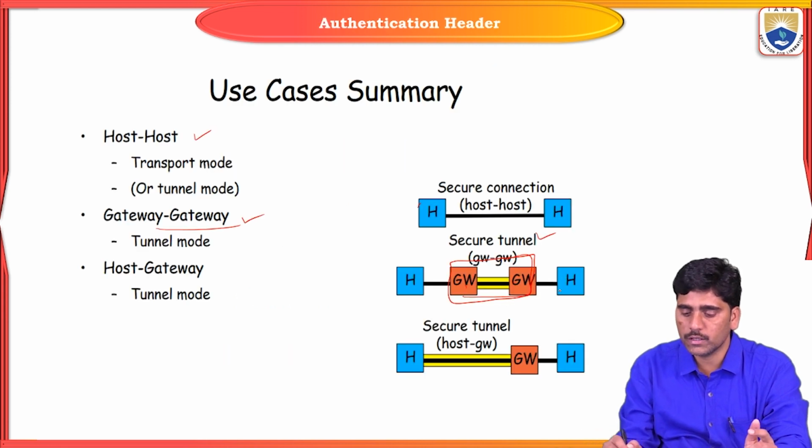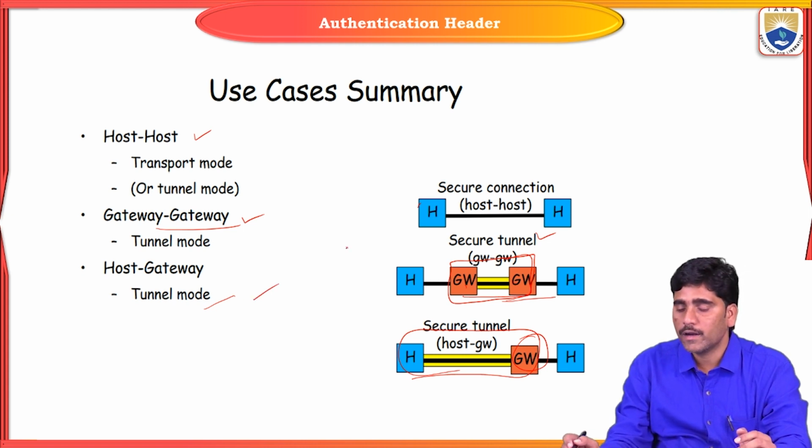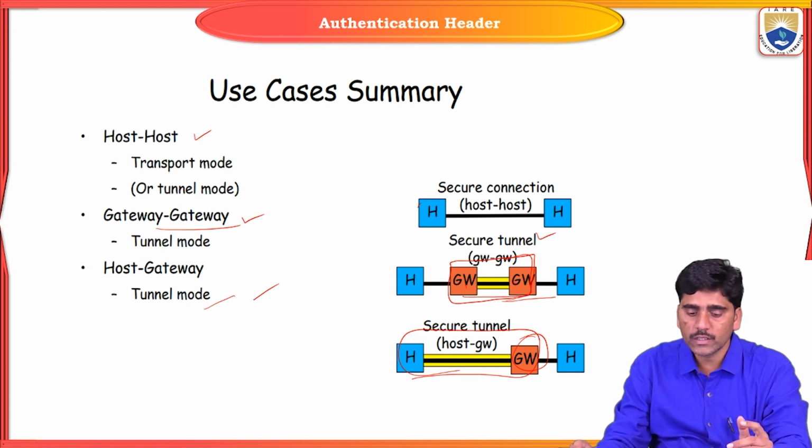So tunnel mode provides services from host to gateway or gateway to gateway. This is the way of understanding the services offered in tunnel mode and transport mode in the authentication header. These are all the use cases of the summary. We are delivering the services from transport mode or tunnel mode in the field of authentication header.